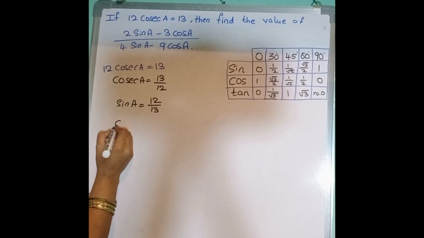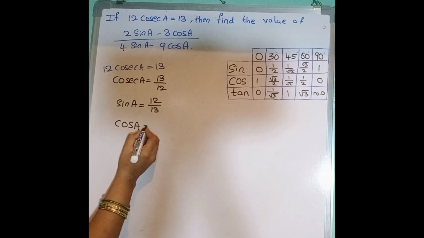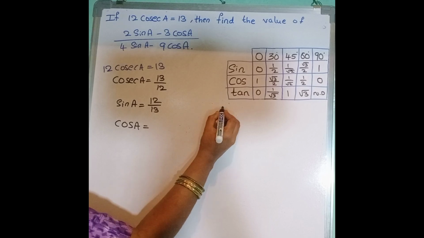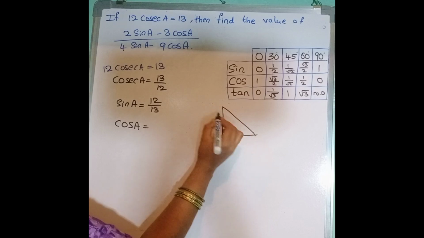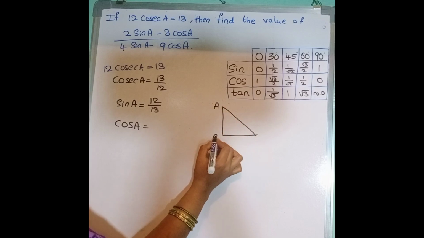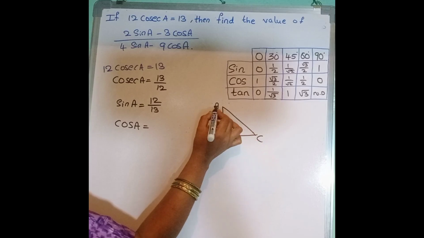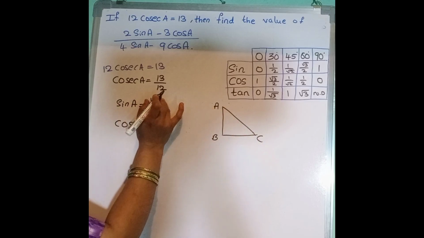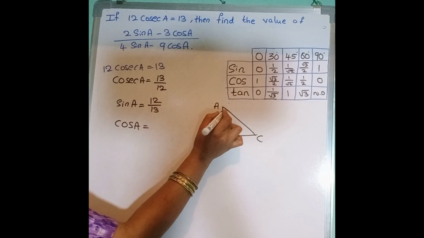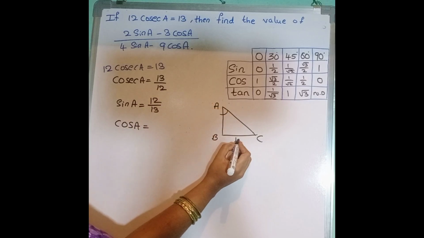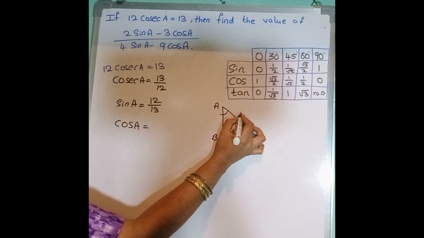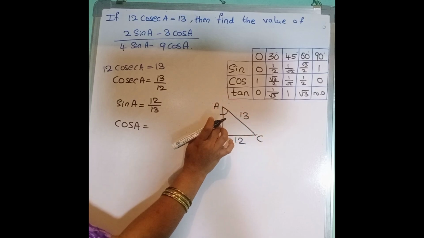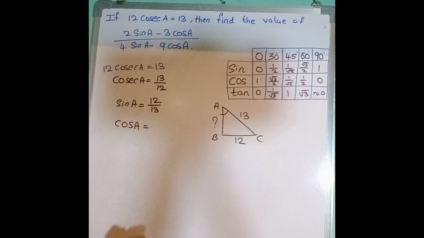Then what is the value of cos A? You know that in the right angle triangle, take this as ABC. Sin of A means opposite side divided by hypotenuse. Angle A is here, its opposite side is 12, the hypotenuse is 13. That means the value of AB is to be found out.